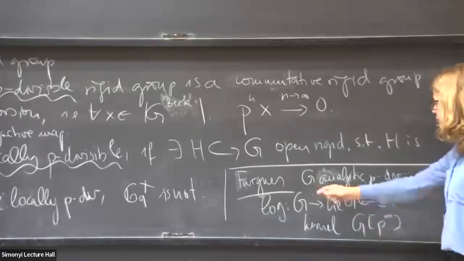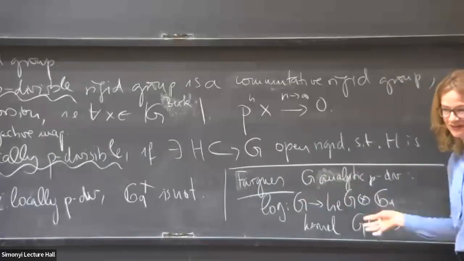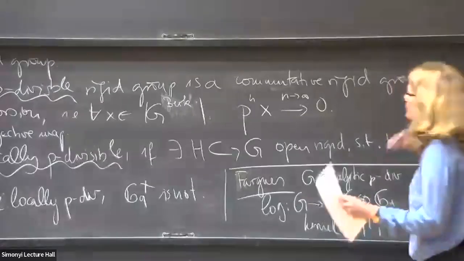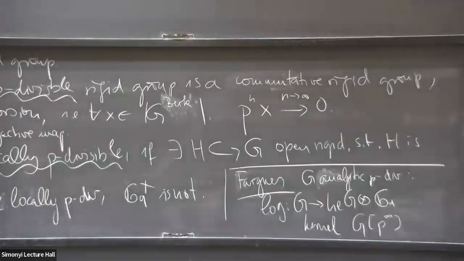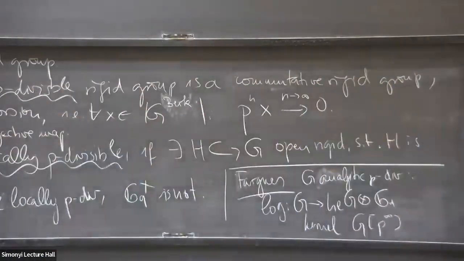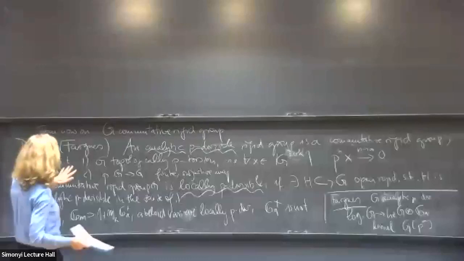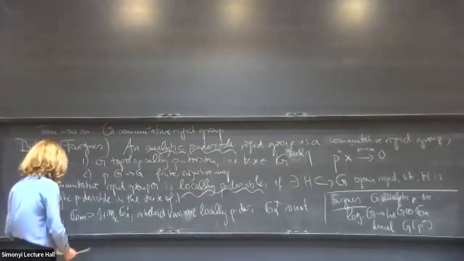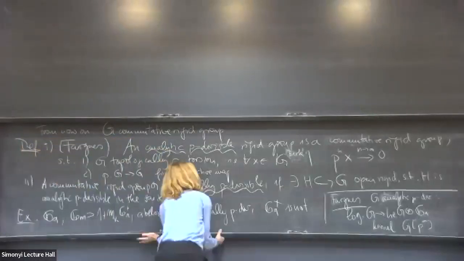So this is a little bit more structure than you would maybe naively think when you hear p-divisible groups. Okay, good. And now let's see what we can do for locally p-divisible rigid groups.